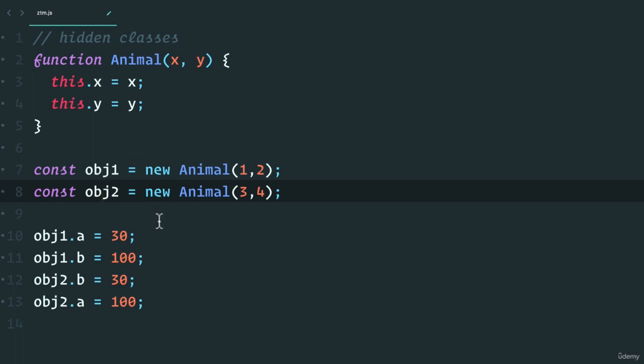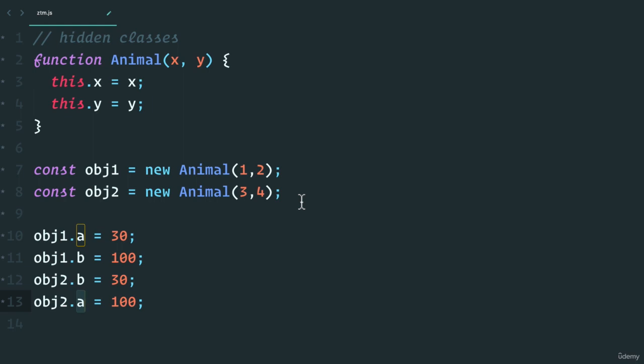That is, they have the same properties. But as soon as you start introducing things in different orders, it's going to get confused and say, they don't have a shared hidden class. They're two separate things. And internally, that's actually going to slow things down.